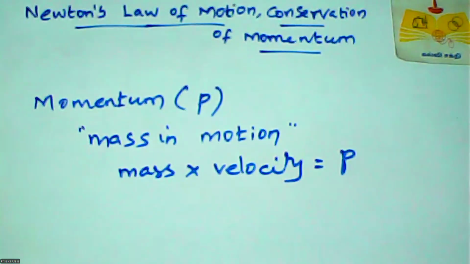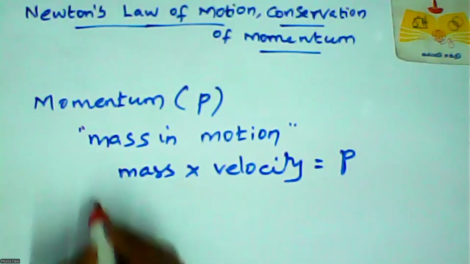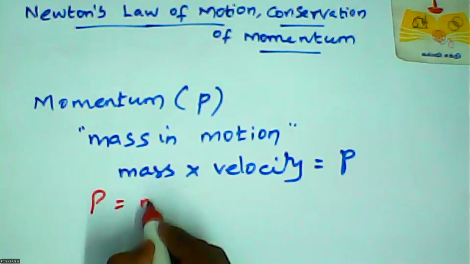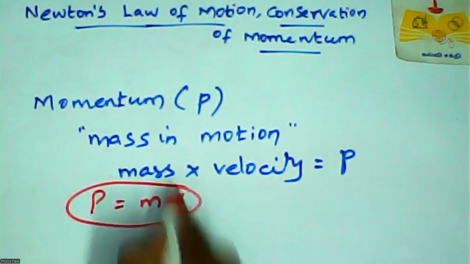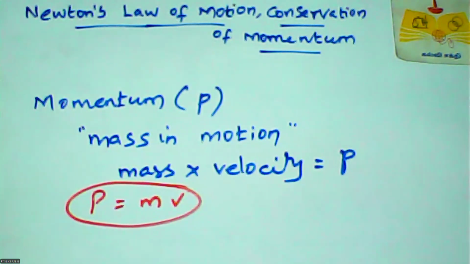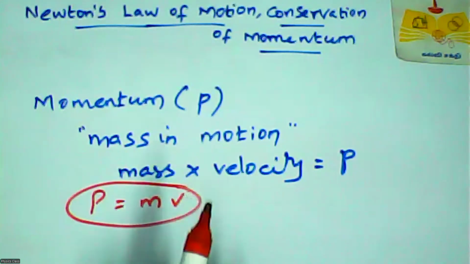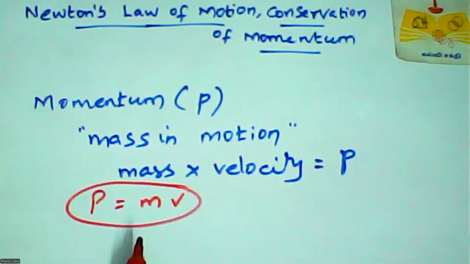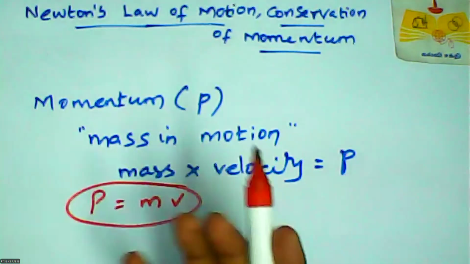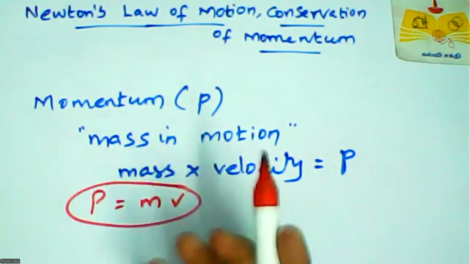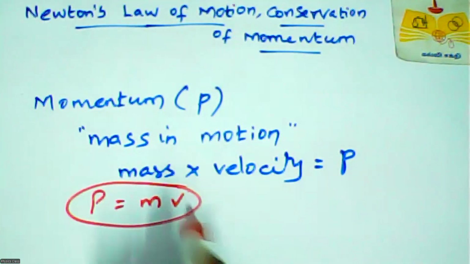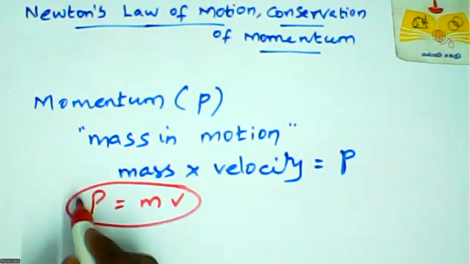So the formula is P is equal to mass into velocity. Here you can see that P is directly proportional to mass and directly proportional to V, velocity.